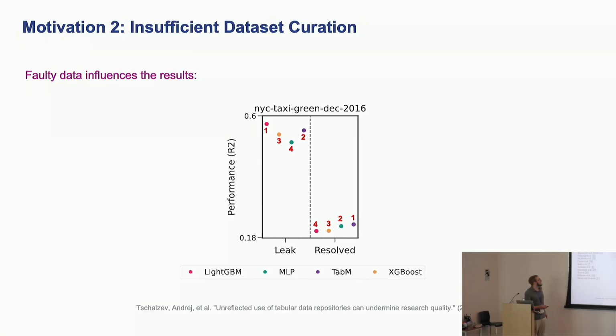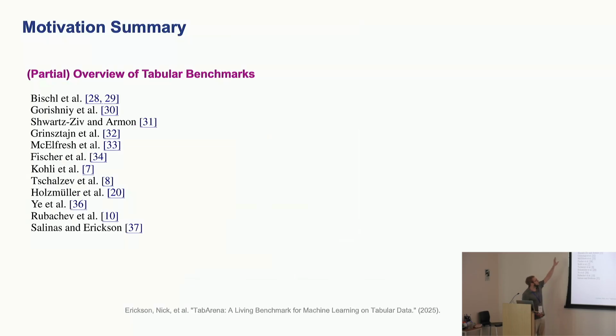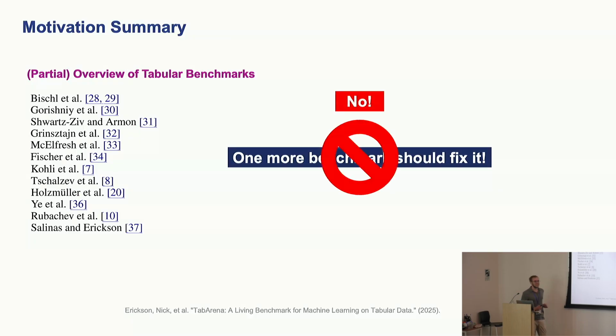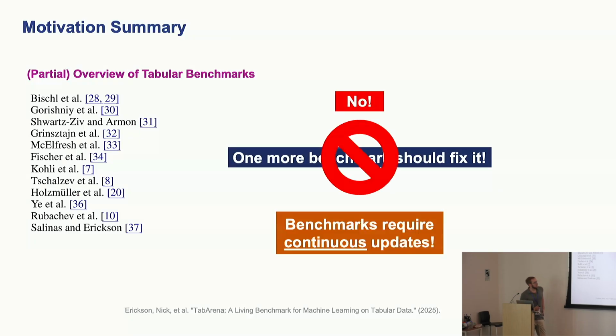I don't know. So this is a brief rundown of some of the more recent benchmarks over the past 5 to 10 years. And so the question is, well, we heard about all these problems, right? If only we just fixed all those problems and made one more benchmark, we should be good, right? Not exactly, because benchmarks require continuous updates.